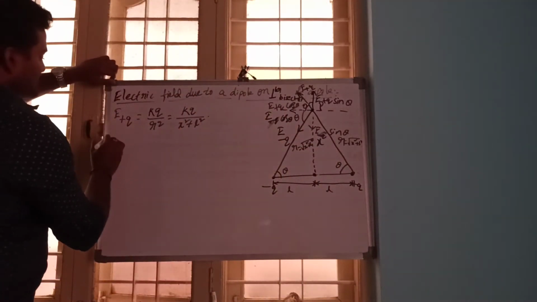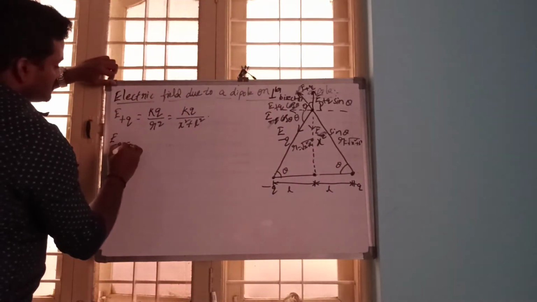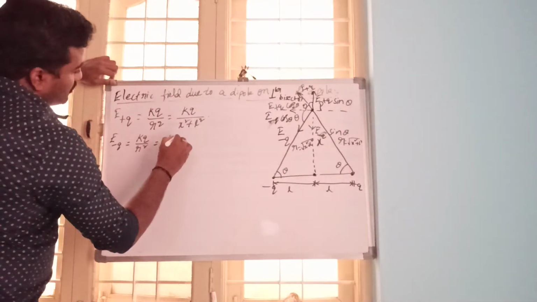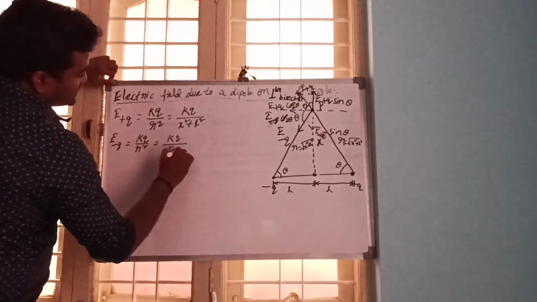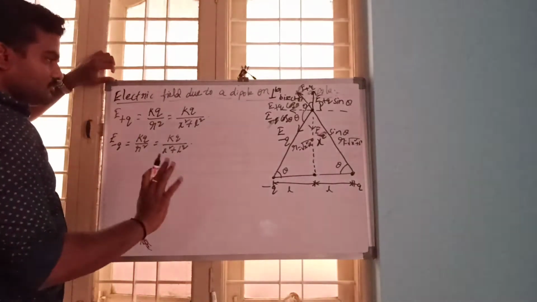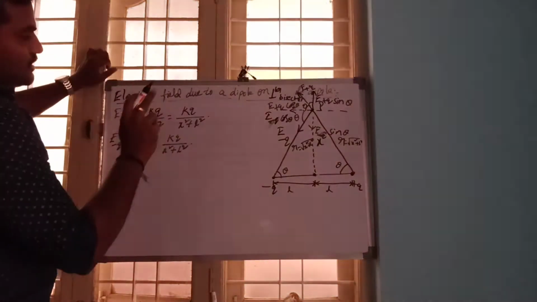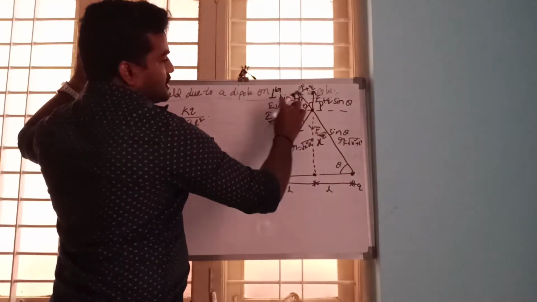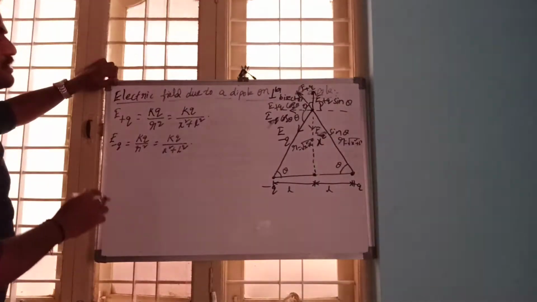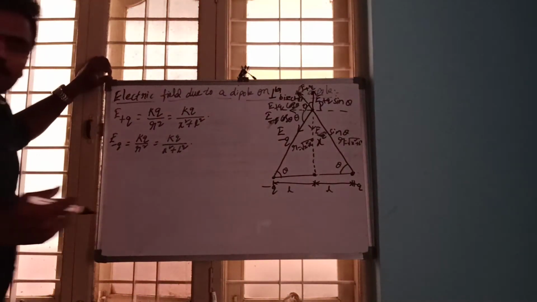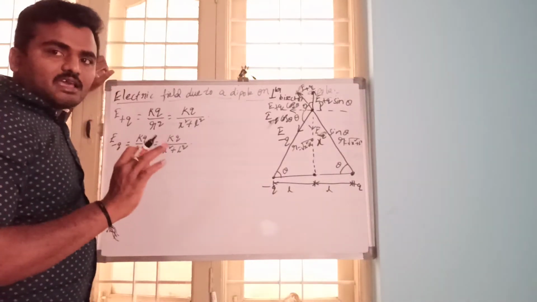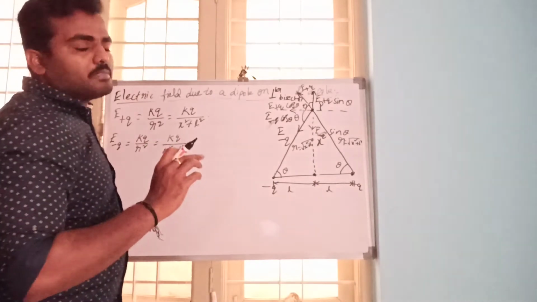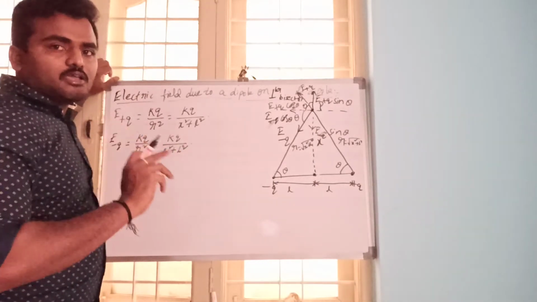Now because of the minus q charge, also k q upon r square, k q upon x square plus l square. Now here, since the vertical components will get cancelled out, the horizontal components will get added and will give the net electric field because of the dipole at a point P on the perpendicular bisector of the dipole.